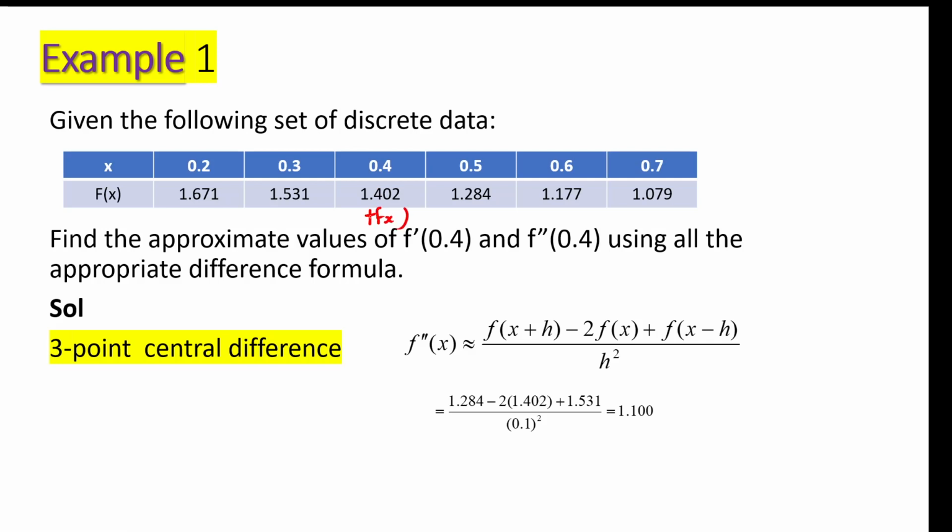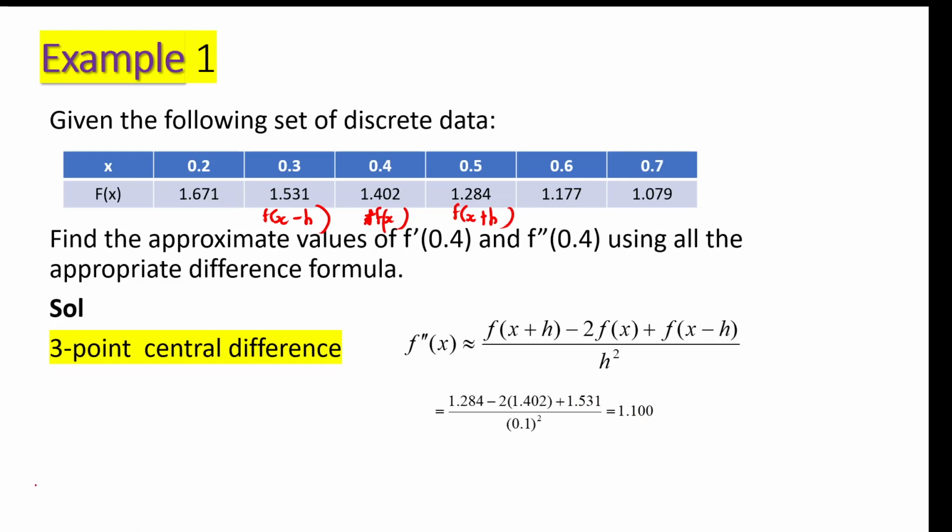This is f(x), f(x+h), f(x-h). So f(x+h) is 1.284 minus 2 times f(x), which is 1.402, plus 1 time f(x-h), which is 1.531, divided by h squared. h is 0.1, so 0.1 squared. Calculate in one step, you'll get this answer.